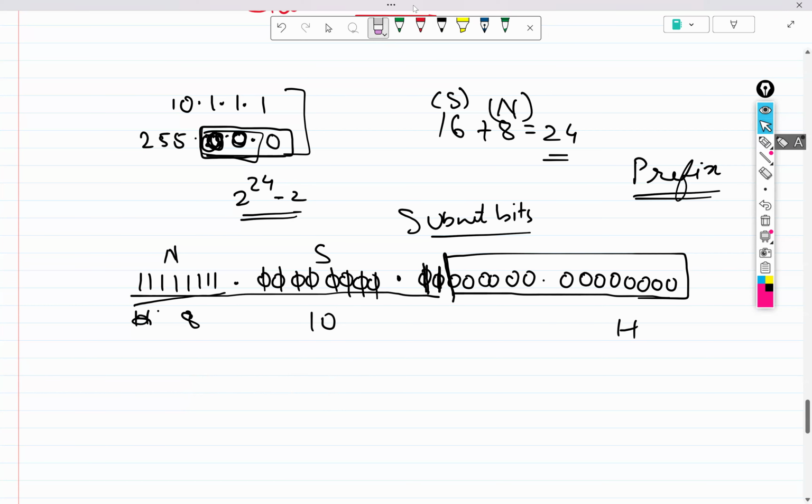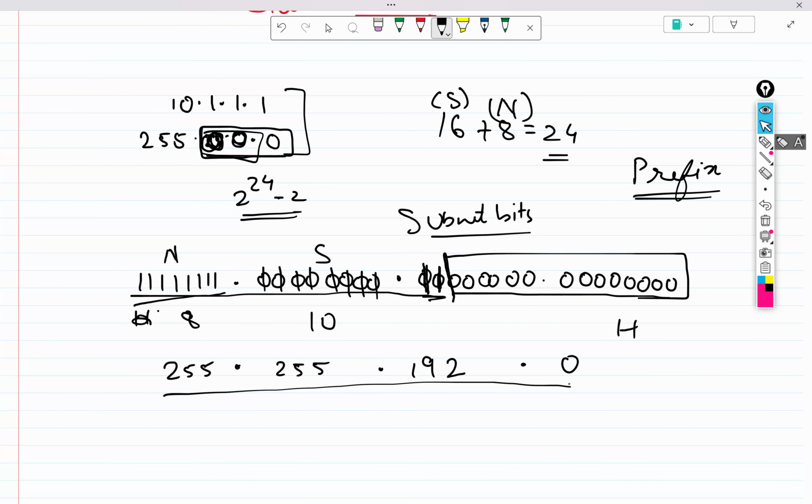So we know that all ones is 255, right? This is all ones, this is 255. And here you just have two ones. When you have two ones, this is 192, then dot 0. So this is your address mask now. 255.255.192.0.